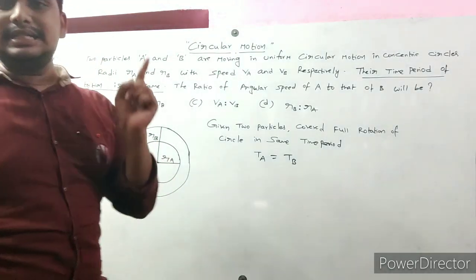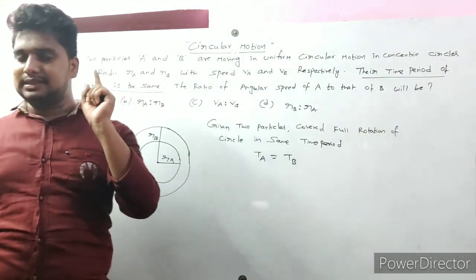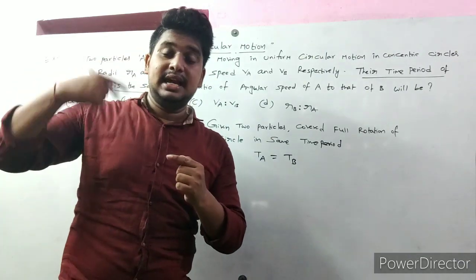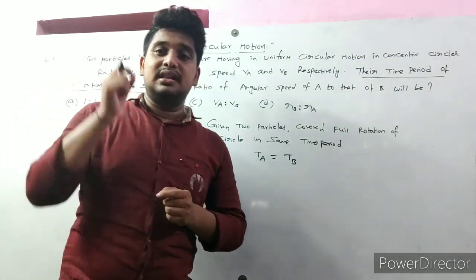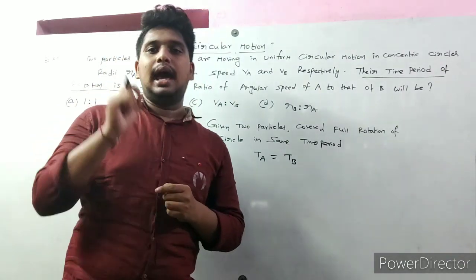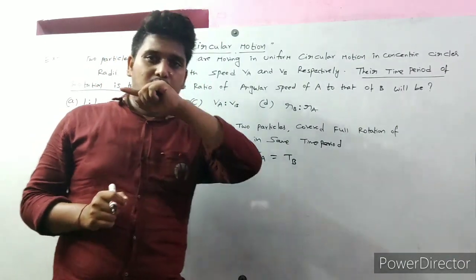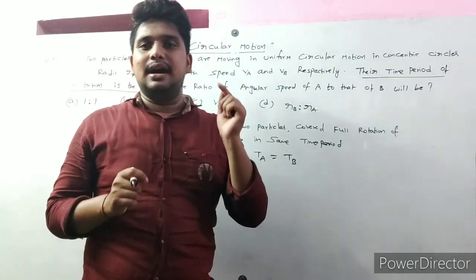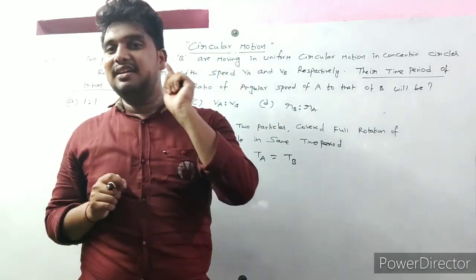I already discussed angular speed. When a body moves in a circular path, it has some velocity, and that velocity is called angular velocity. If a body moves in a straight line path, it has some velocity, and that velocity is called linear velocity.